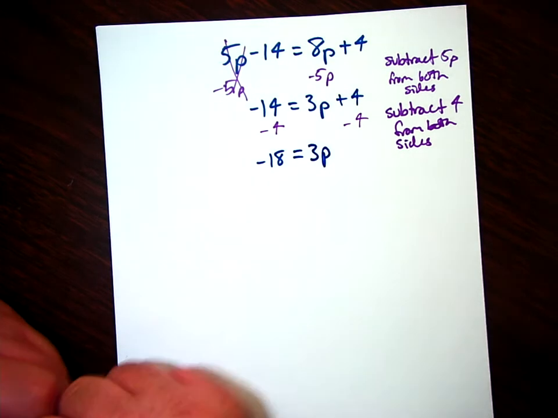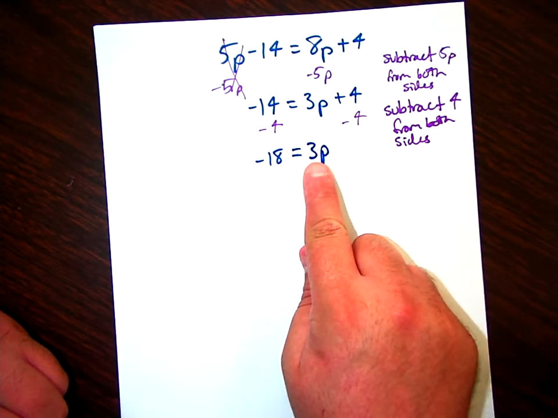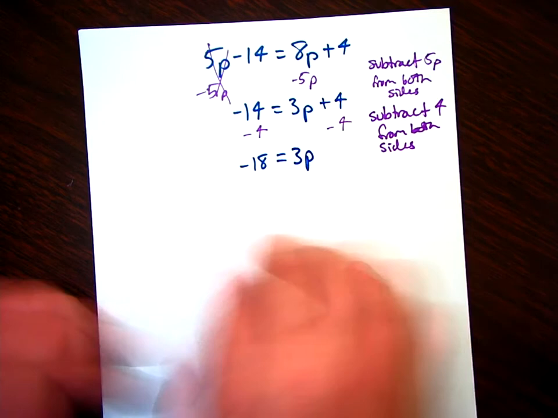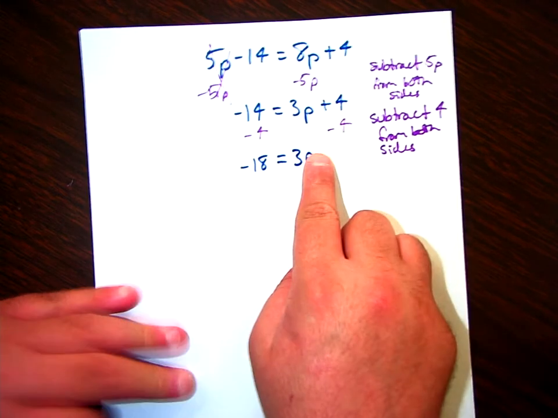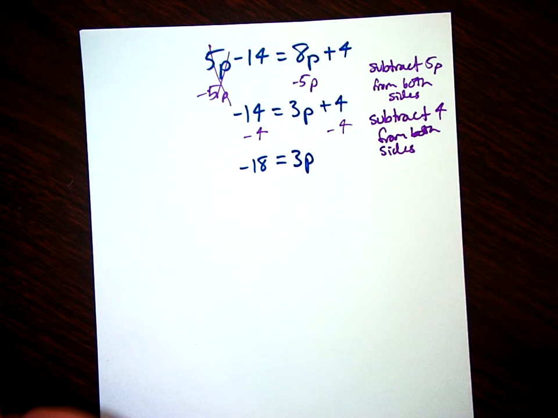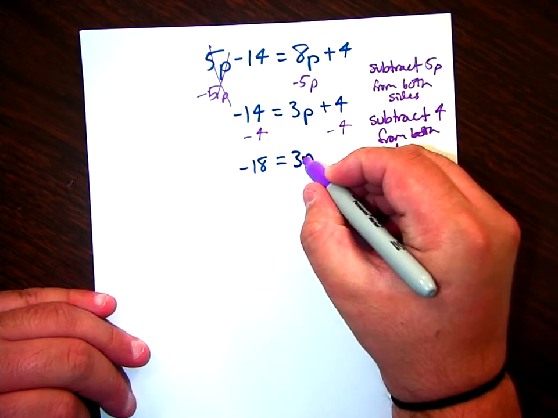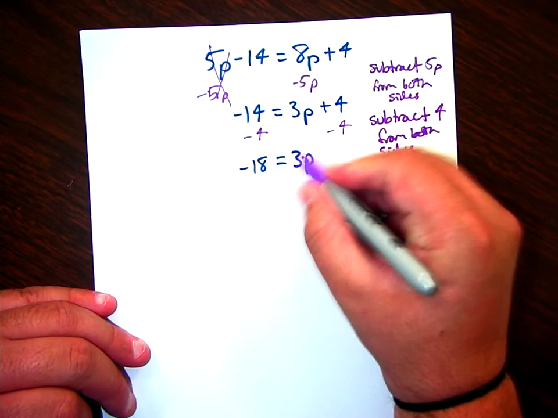Now I can worry about what's attached to this p, this 3 guy, because there's nothing else over here. There's no other terms. So we're going to get p by itself. How are we going to do that? Right now we have 3 times p, so we're multiplying by 3 here.